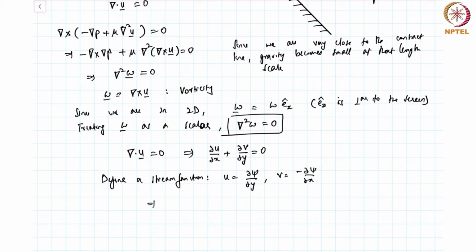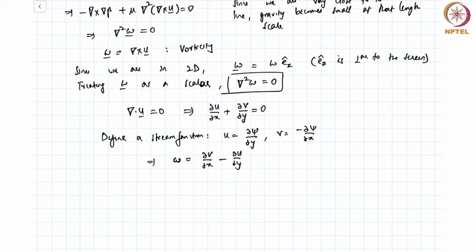We simply get omega to be del v by del x minus del u by del y. That's the z component of vorticity, and this simply becomes minus del square psi by del x square minus del square psi by del y square, which is minus del square of psi.